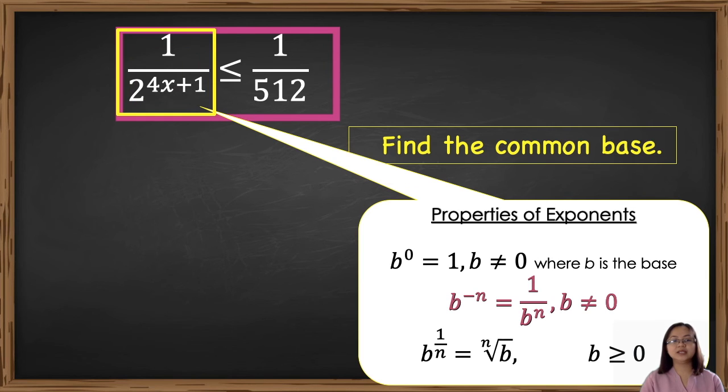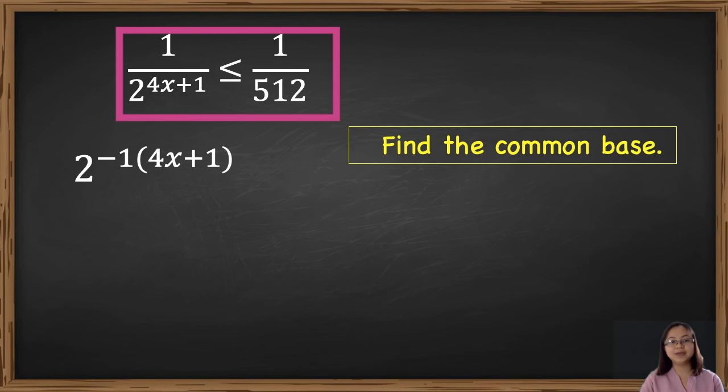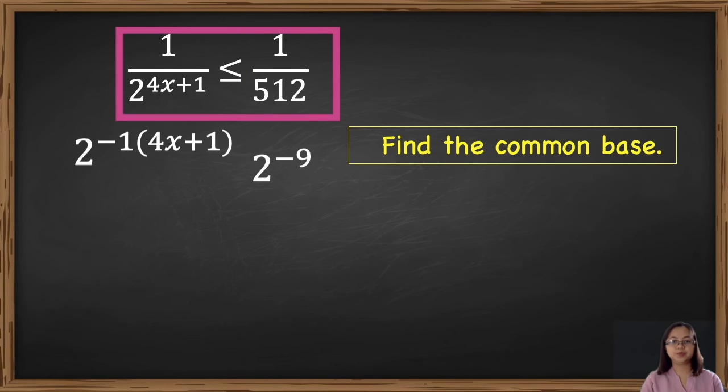So we're going to write this as 2 to the negative 1 times the quantity of 4x plus 1 less than or equal to 2 to the, for 512, we have to multiply 2 by itself 9 times. So we are going to get 2 to the negative 9. And then let's just copy the inequality symbol. We have less than or equal to.